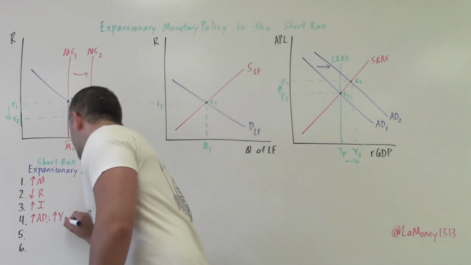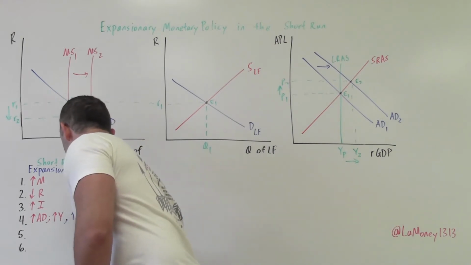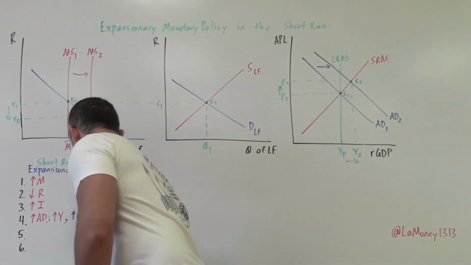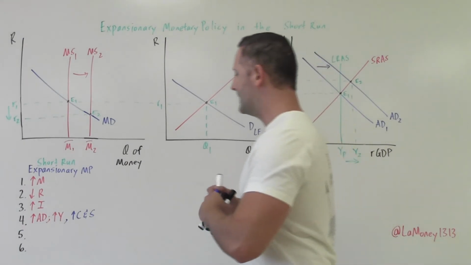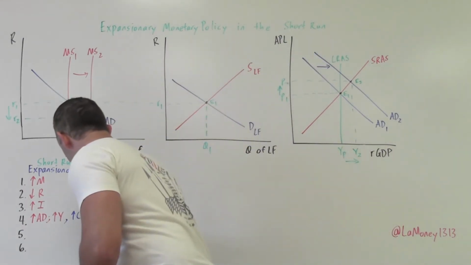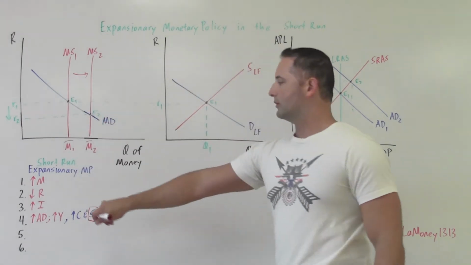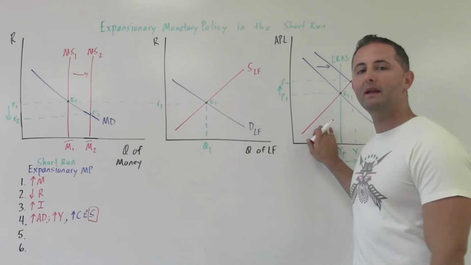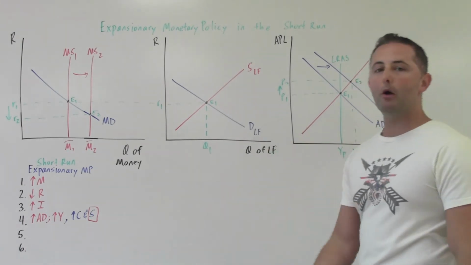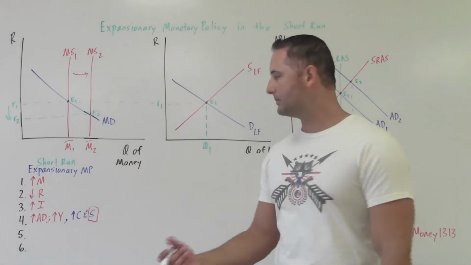So when we have an increase in income, we necessarily have an increase in consumption and savings. C for consumption, S for savings. And this S, that's going to be the important one for our loanable funds model. So step 4, which we have over here in our aggregate supply demand model, AD shifts right, increasing output and income, which increases consumer spending and savings both.